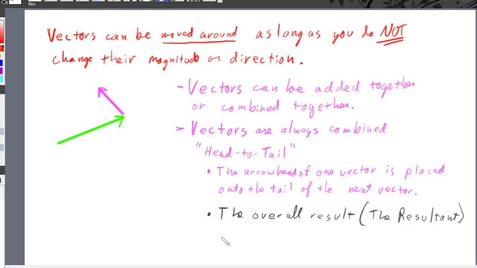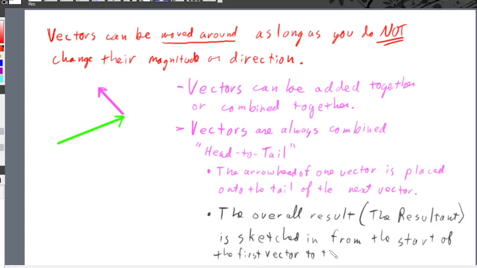So the overall result is sketched in from the start of the first vector to the end of the last vector.